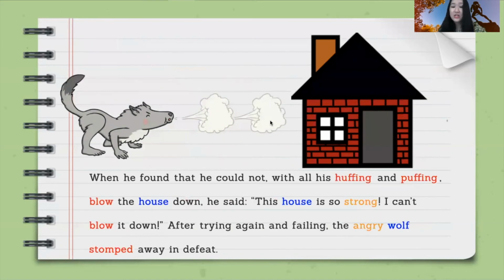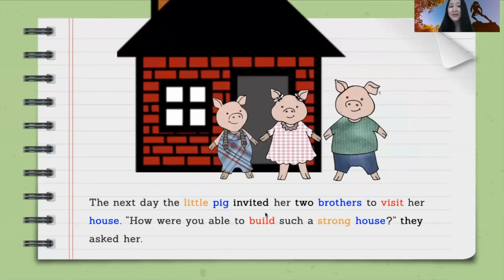When he found that he could not, with all of his huffing and puffing, blow the house down, he said, "This house is so strong, I can't blow it down." After trying again and failing, the angry wolf stomped away in defeat. The next day, the little pig invited her two brothers to visit her house.